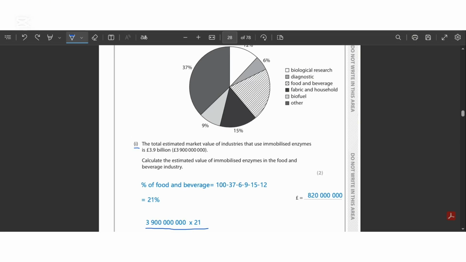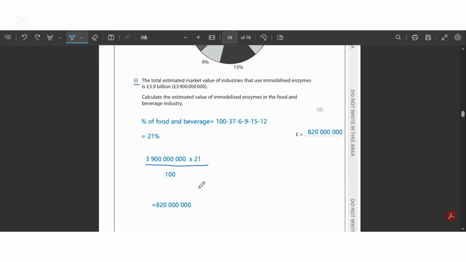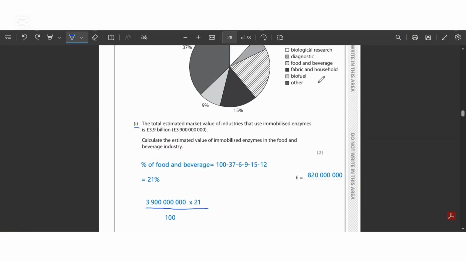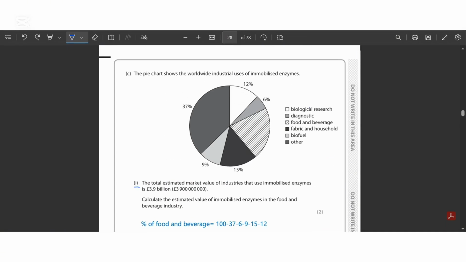To calculate the estimated value of immobilized enzymes in the food and beverage industry, I'm going to take 3.9 billion, which is the total amount, and take 21% of it, multiplying by 21 divided by 100 due to the percentage sign, and it comes to this value. So here we have calculated the answer. It is a two-marker question, a very easy way to gain marks.